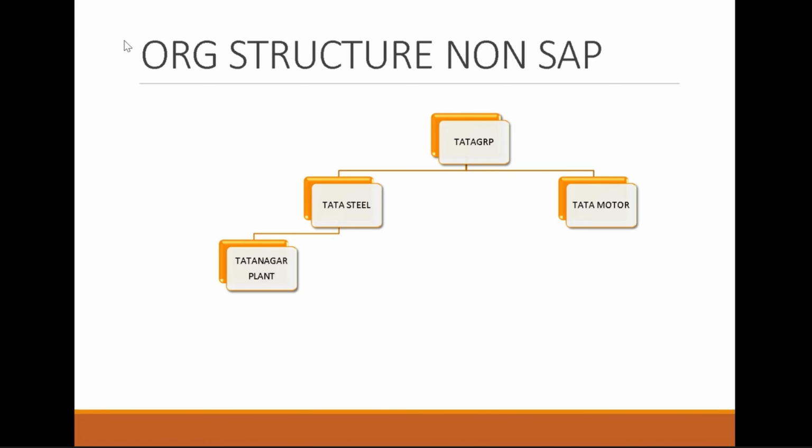So non-SAP organization structure means when the company is not using SAP, what are their organizational units. There is a company who is using SAP and there is a company who is not using SAP. For the company who is not using SAP, what is their organization structure, and when they start using SAP, how will their organization structure look like.